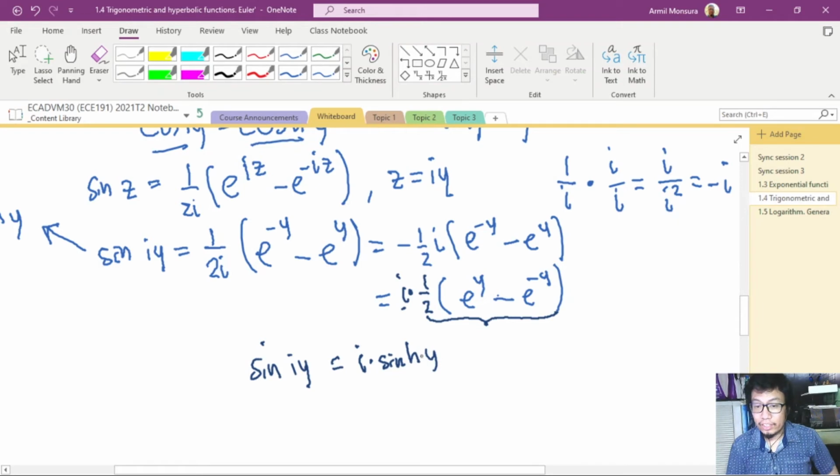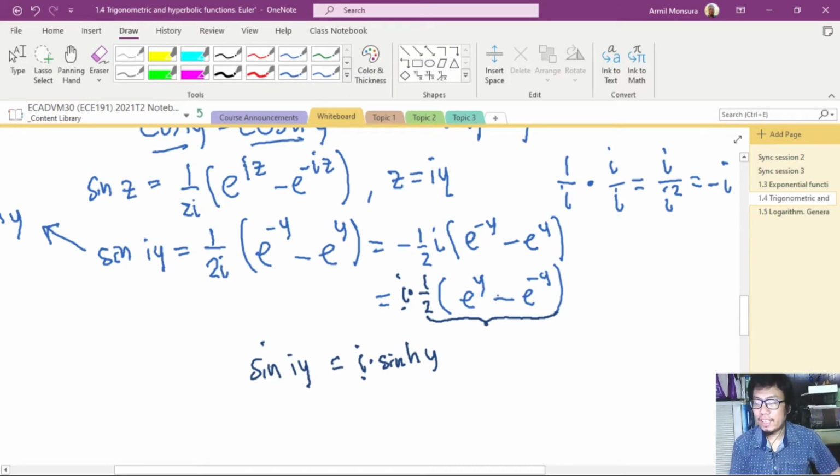However, the entire result of sine of iy is actually a purely imaginary number, because there is an i multiplied to the hyperbolic sine. But hyperbolic sine itself is a real number because y is a real number, and if you substitute a real number to a function, the result of the function is a real number.